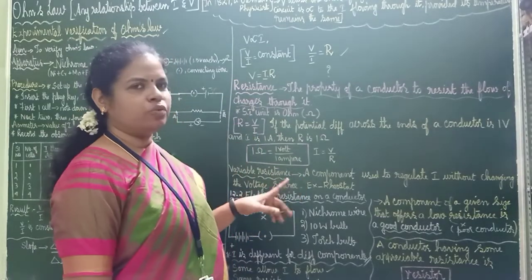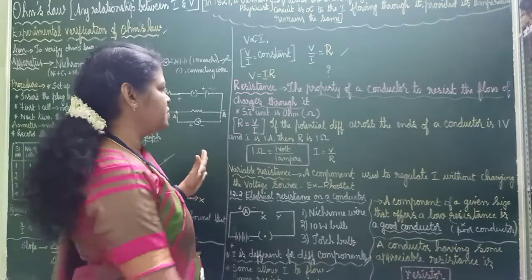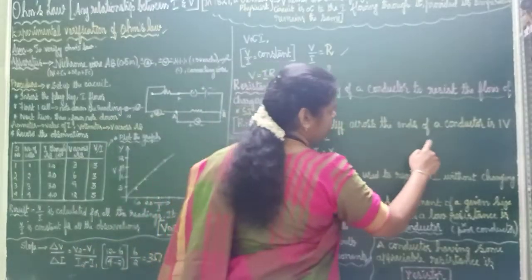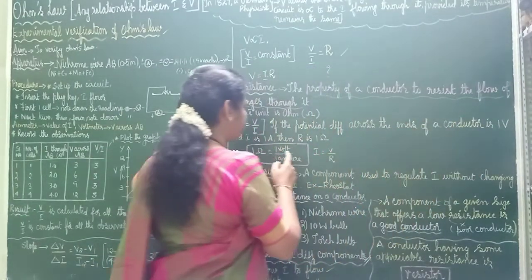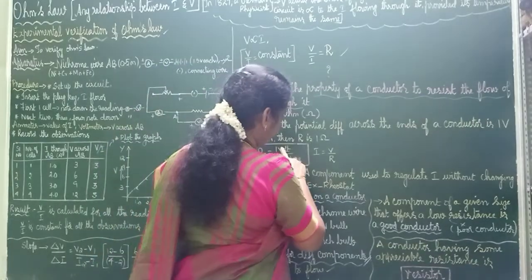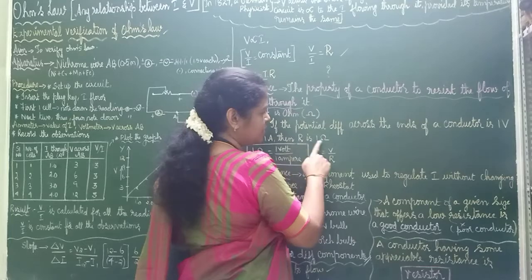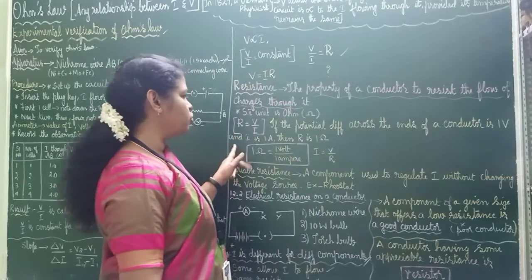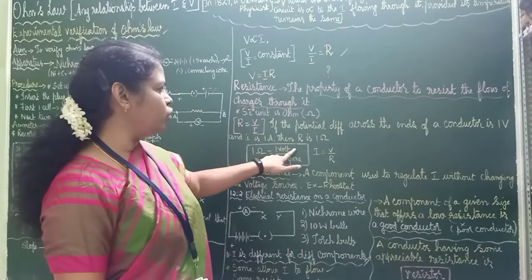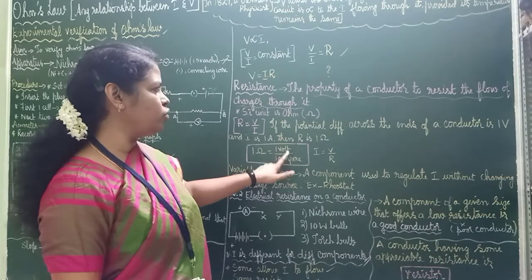So when you are writing, what is the definition for 1 ohm? If the potential difference across the ends of a conductor is 1 volt and the current is 1 ampere, then resistance is 1 ohm. So 1 ohm is equal to 1 volt by 1 ampere. We know how to write this, no?